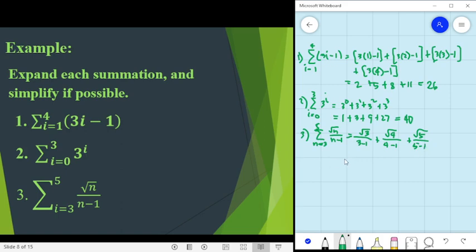Therefore, it would be equal to square root of 3 over 2 plus square root of 4 over 3, and square root of 4 is 2, so 2 over 3, plus square root of 5 over 4. We cannot simplify it further.